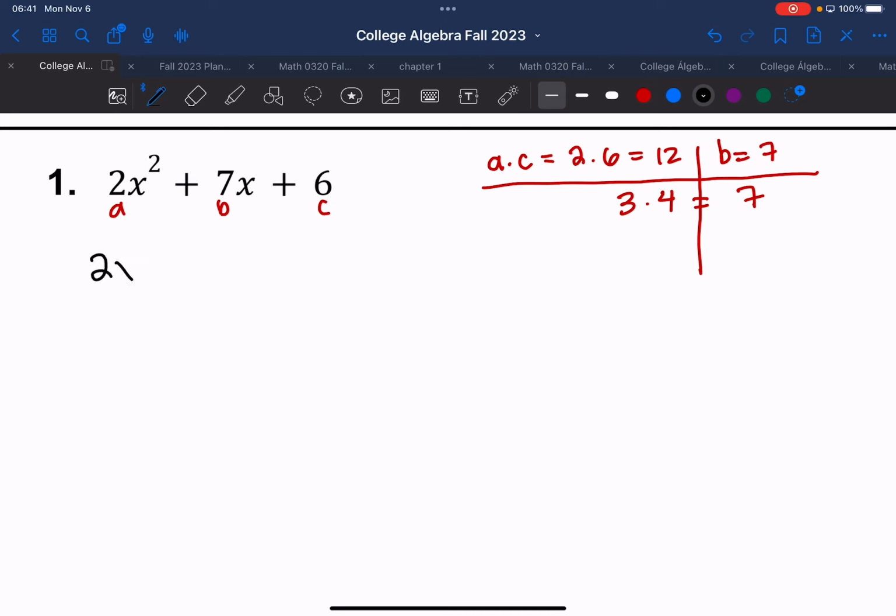So we have 2x squared plus 3x plus 4x plus 6. The only thing we did here is split our 7x into 3x and 4x. So technically these 2 equations are exactly the same.